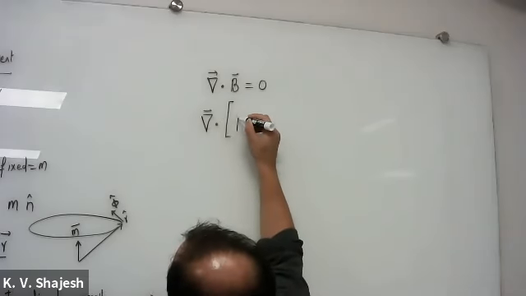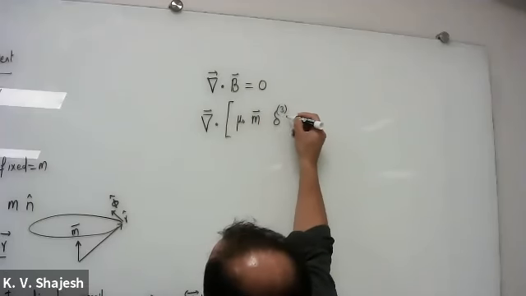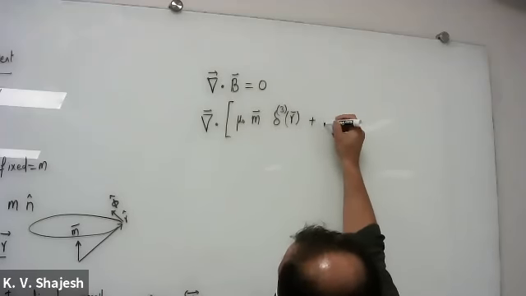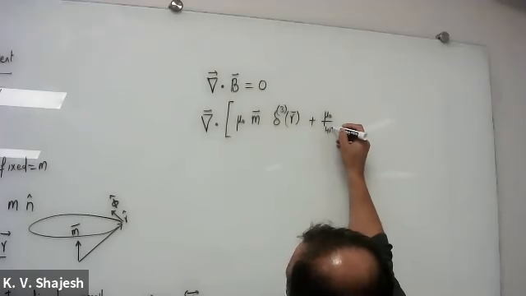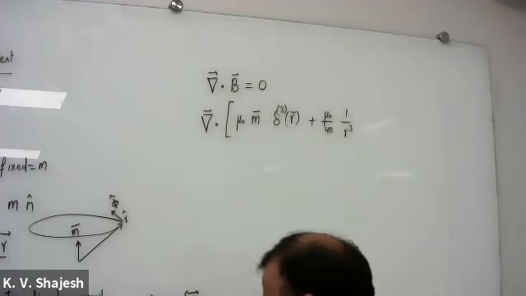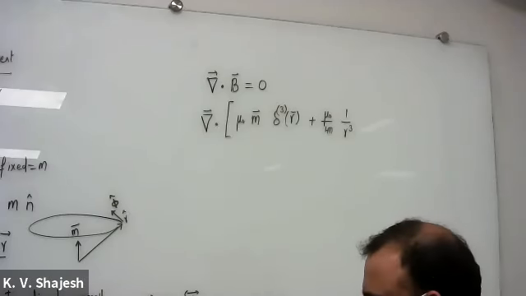So that's mu naught times m times there is a delta function, and then we have plus mu naught over 4 pi times 1 over r cubed. Which one should I use? Let me not use the last expression.